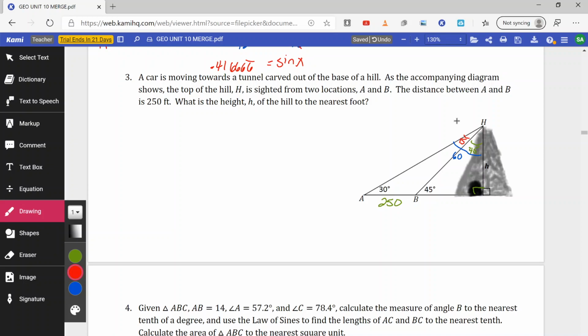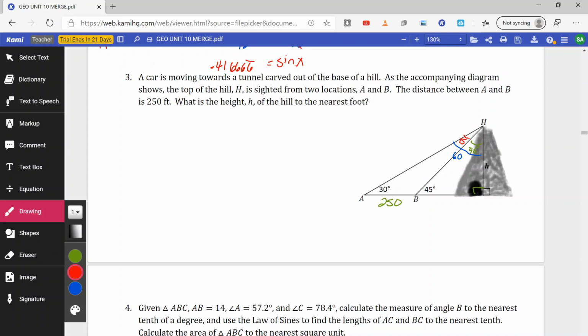What we do know is we can use the law of sines to figure out missing pieces. So for triangle ABH, here we have angle 15 and the side across from it. Here we have angle 30, and we can figure out the length of H. We could also possibly use 90 and our hypotenuse, but we will use 30 and 15.